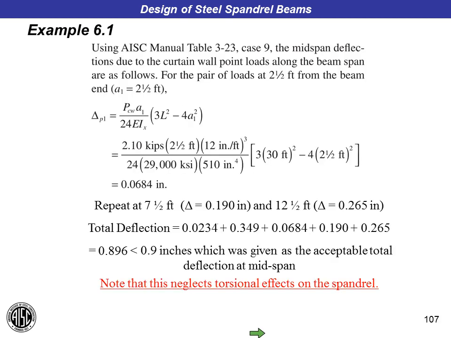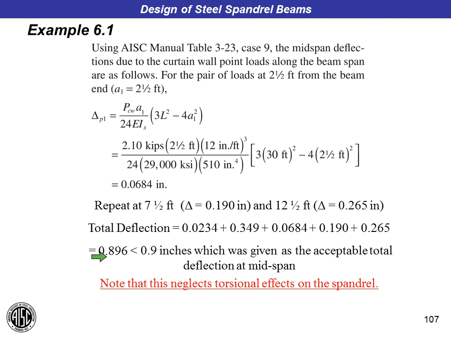And now we need to compute what the deflection of the spandrel beam is due to the curtain wall point loads acting where they do. Now, I'm considering here that we're looking at just the vertical displacement of the spandrel beam without any torsion to be considered. So in this case, there's no torsional rotation considered here, and we find that we are just about at our deflection limit for the spandrel beam.